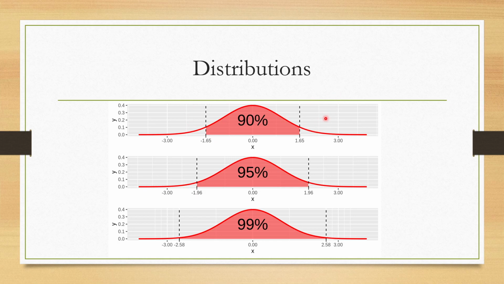Our sample mean could be below the population value or above the population value. So if we want 90% confidence or 10% error, our 10% error would be split into two, 5% error on the top and 5% error on the bottom. So there's a 5% chance that we overestimate, 5% chance that we underestimate.